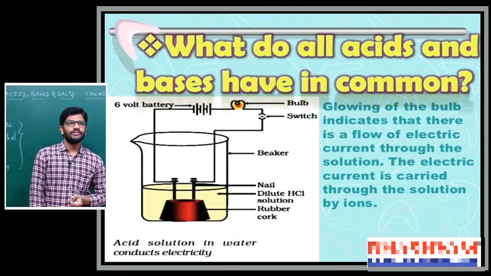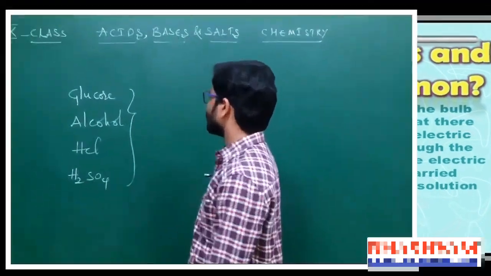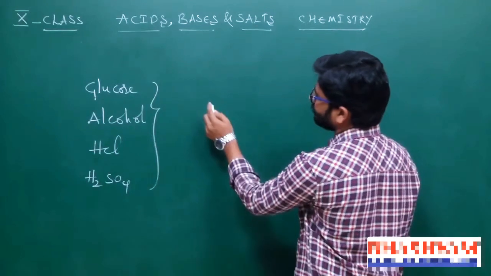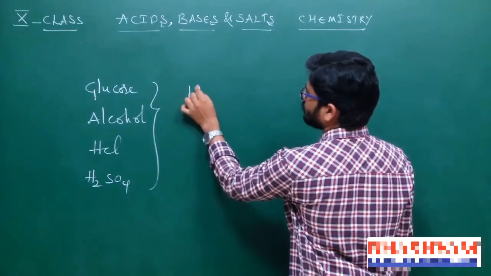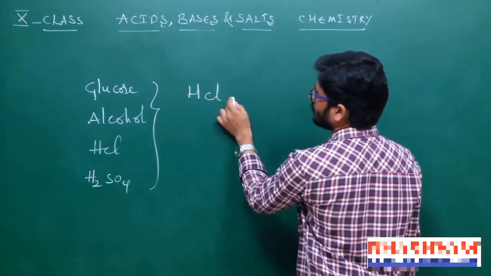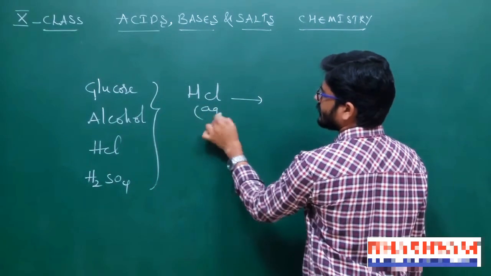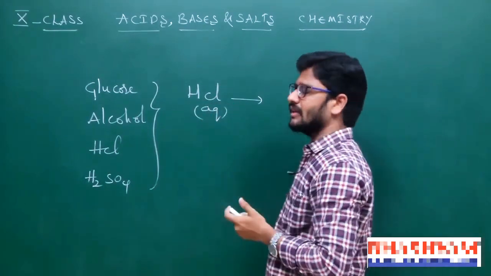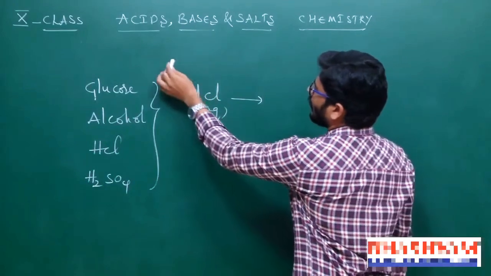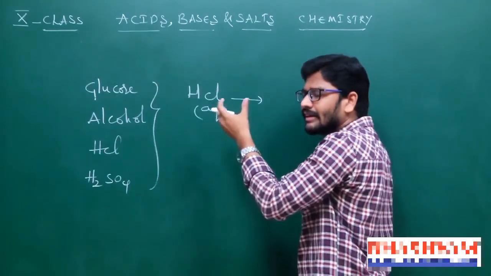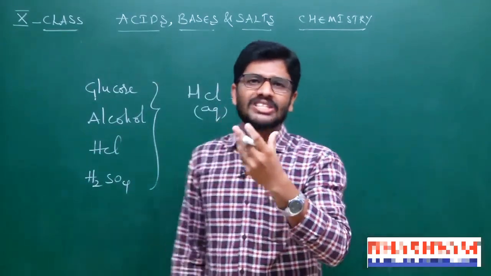Now all of you see the board. Now I am considering HCl solution, which is nothing but aqueous HCl. Now we apply current. First the current passes through the electrodes.